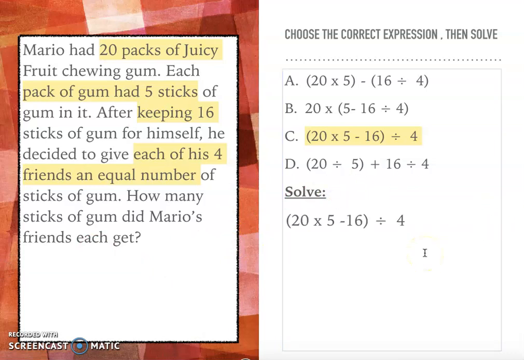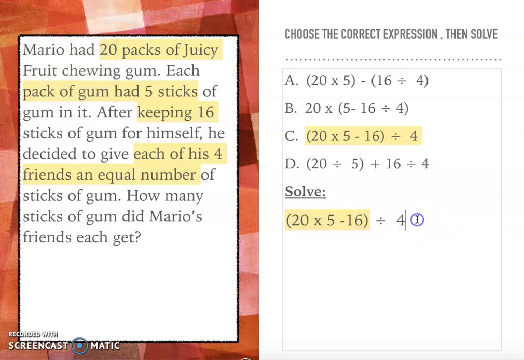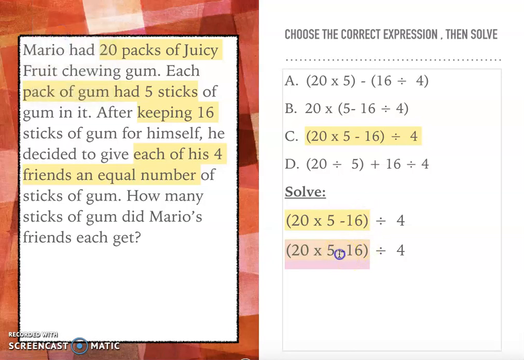So following the order of operations, Big Purple Monster drinking a soda, I know that I need to do my parentheses first. And inside my parentheses, I am going to multiply first because Big Purple Monster. So multiplication comes next so that it gives me 100, 20 times 5.